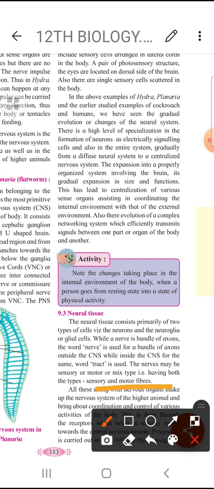Then next question you can give, what are the different types of neuroglial cells found? And a very important question, explain the structure of neuron, which has been already taught to you in 11th standard. So you're going to explain the structure of neuron. So it's just an explanation, no diagram.